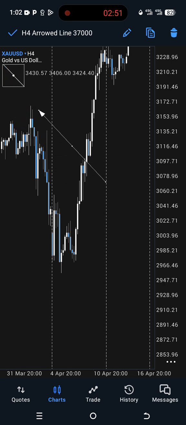Now, an intermediate term high or an intermediate term low is confirmed when we have two short term ranges. What's the short term range? From this swing low to this swing high, this is a short term range.